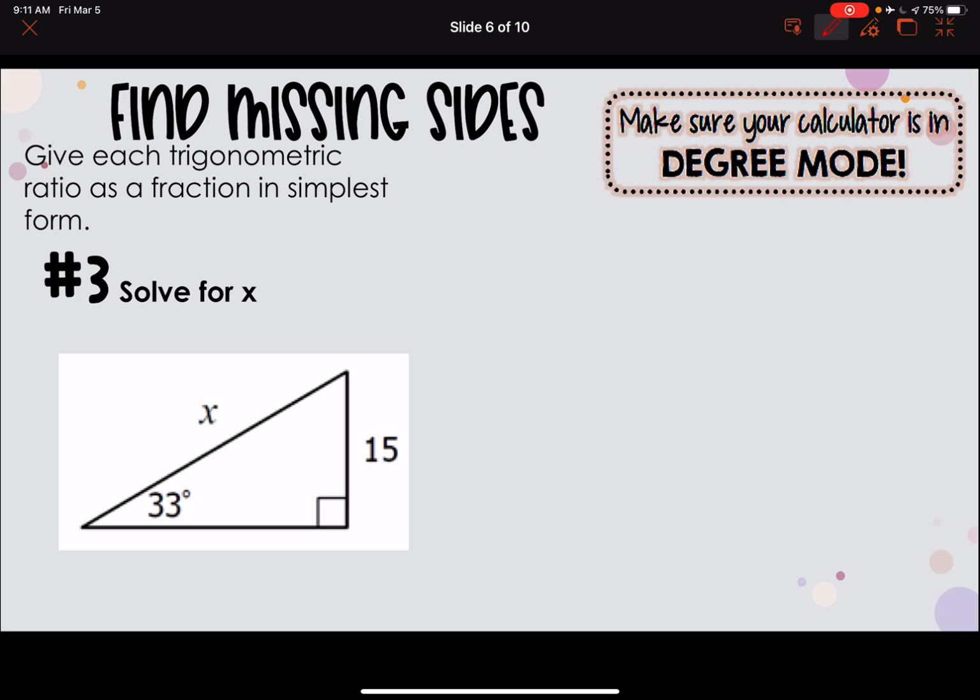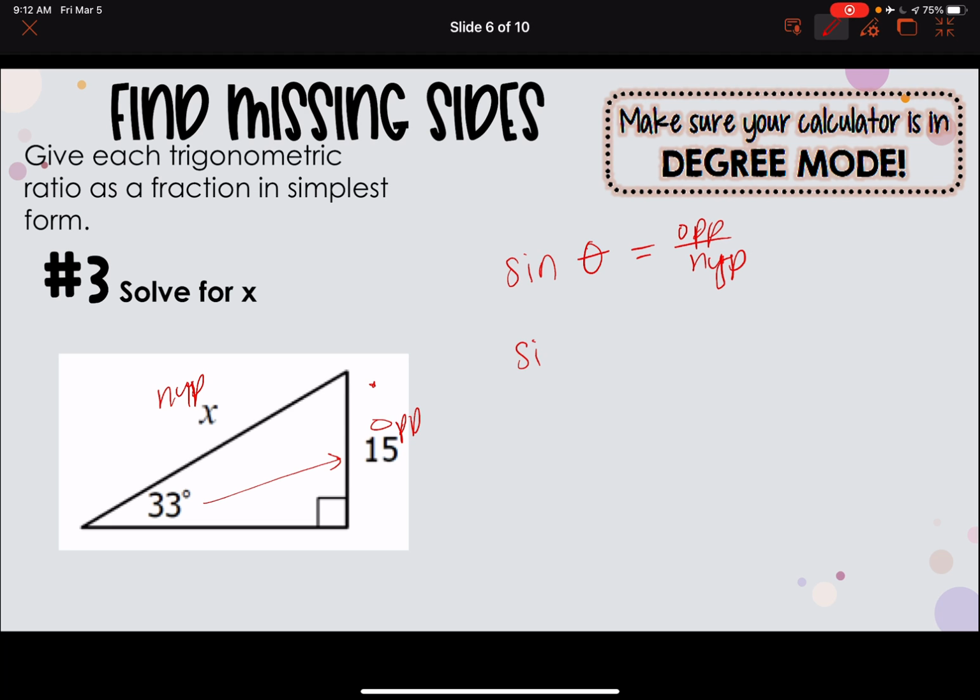This one is working with the opposite and my hypotenuse, which means I'm working with sine again. So sine of theta, which is your angle, your degree, is opposite over your hypotenuse.